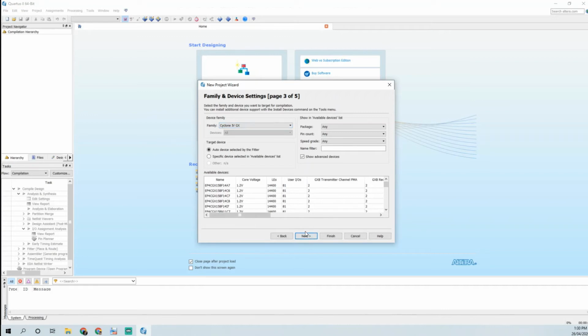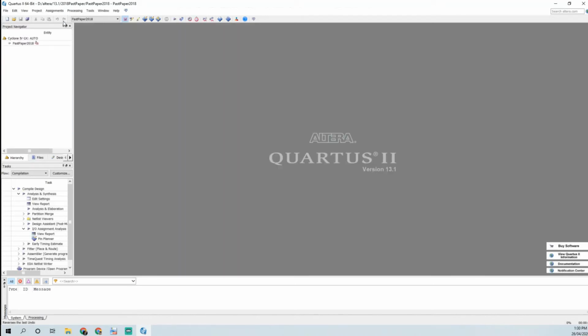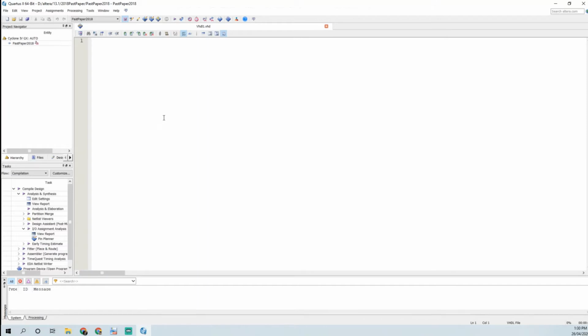Again, this really doesn't matter at this point in time, right? Okay, and let me add a VHDL file to this project. All right, as usual, we're going to be doing our package declaration up here.